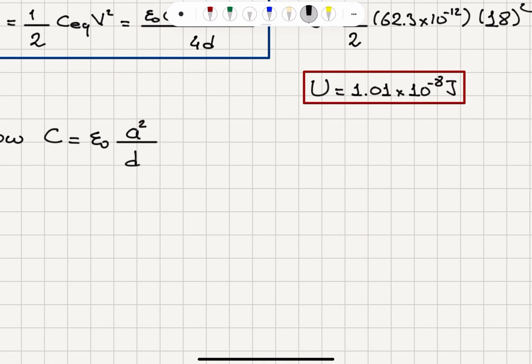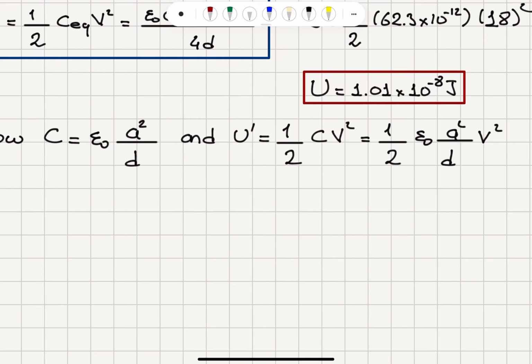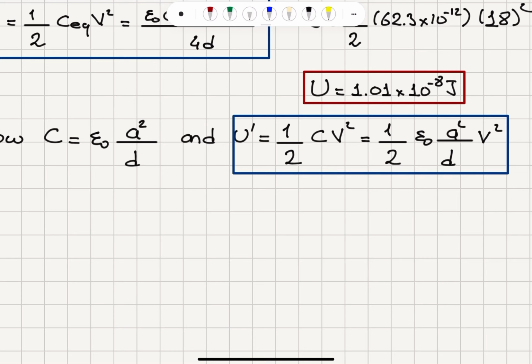And this will give us the new stored energy as 1 over 2 CV squared. So that's going to be 1 over 2 epsilon 0 A squared over D times V squared. This is our new stored energy.